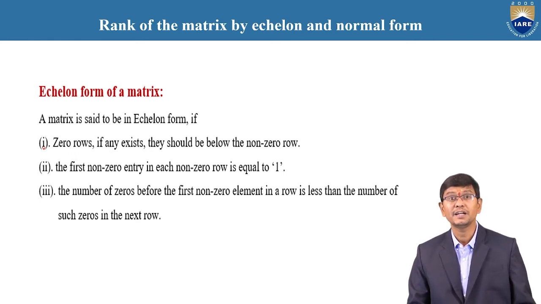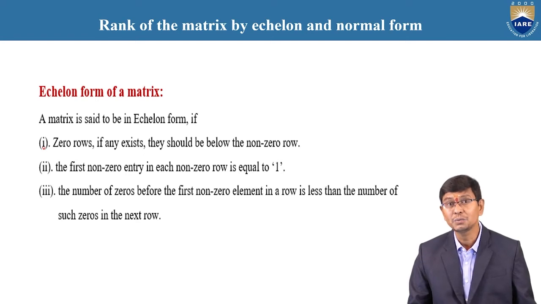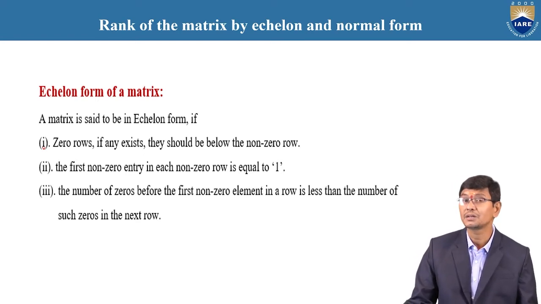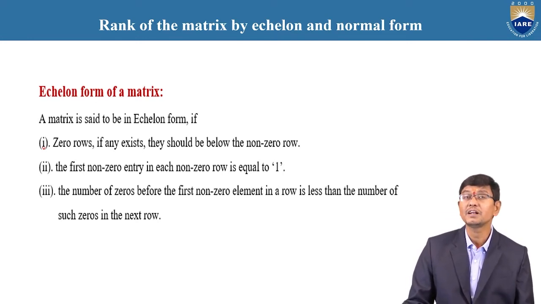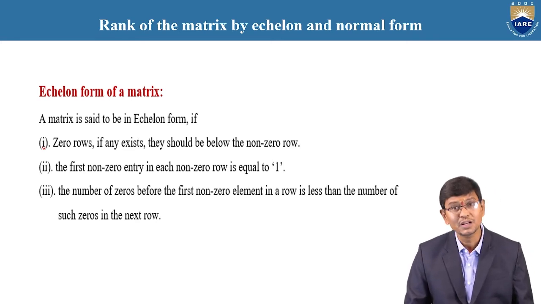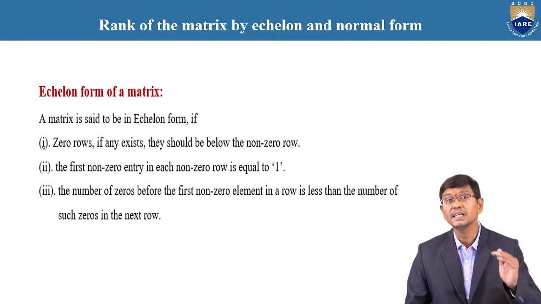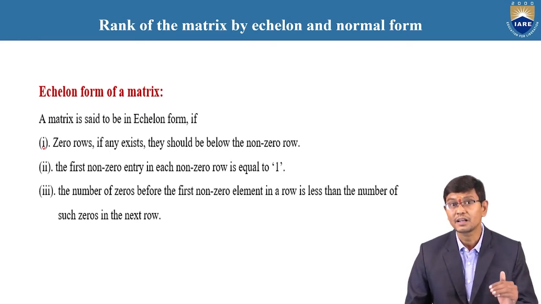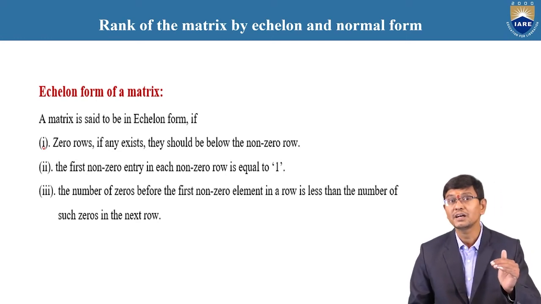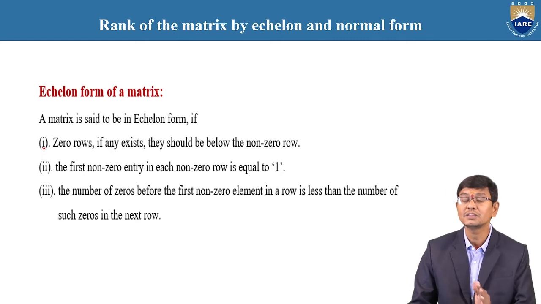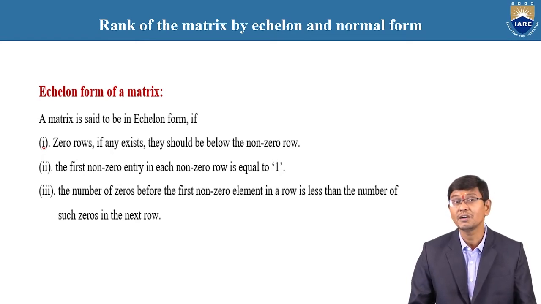When comparing any two rows, like the first row to the second row or the second row to the third row, the number of zeros before the non-zero number increases from top to bottom. Otherwise, going from bottom to top, it is a decreasing order. These are the three conditions.